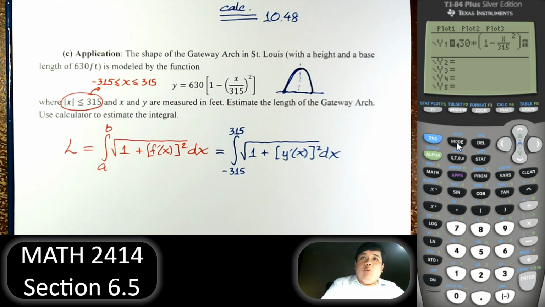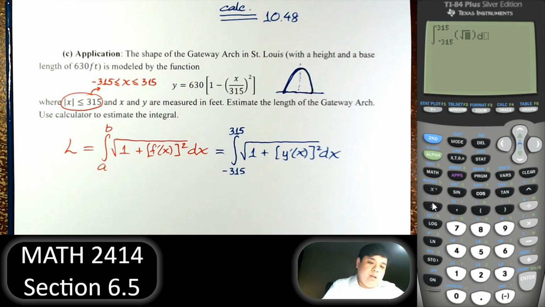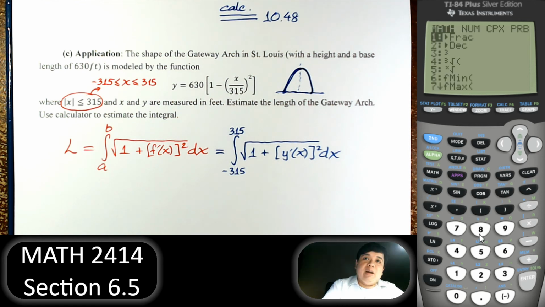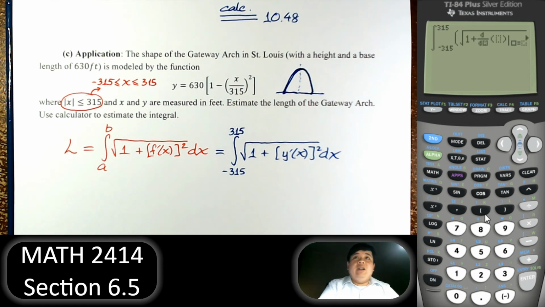Alright, now what we need is the integral from negative 315 to 315 of the square root of 1 plus the derivative. Okay, math option number 8 for derivative, but we need the derivative squared. Oh, shoot. Never hit that button.